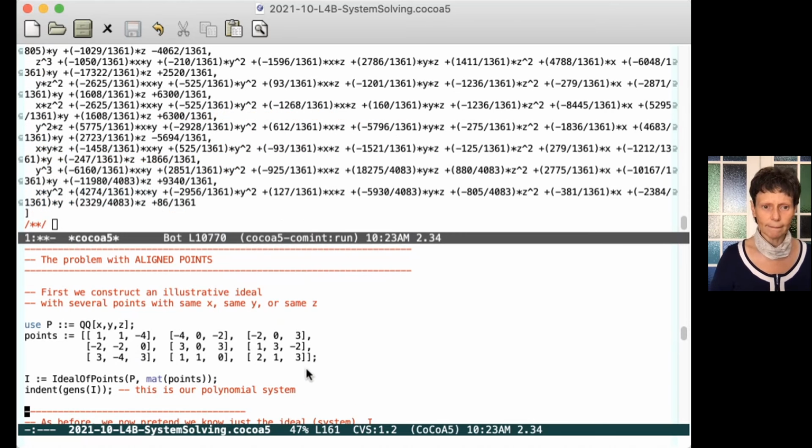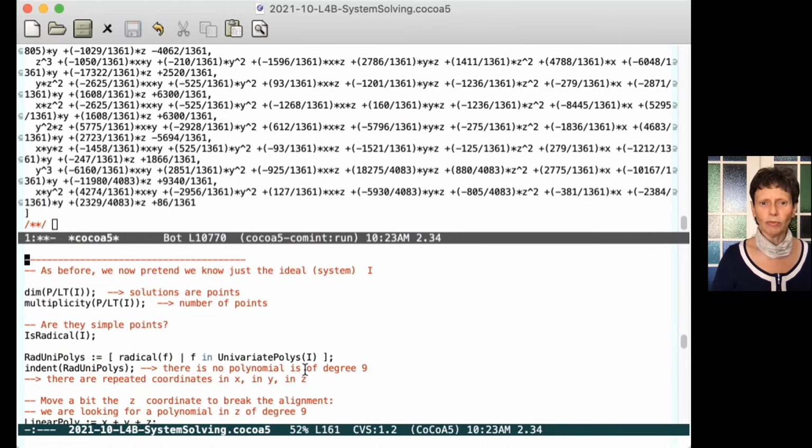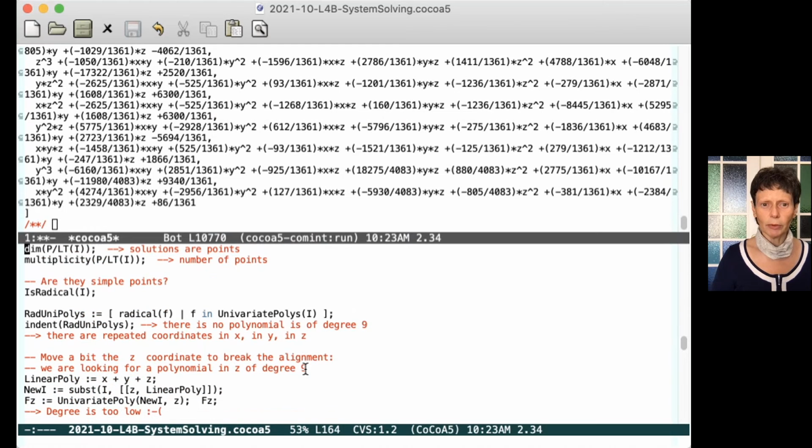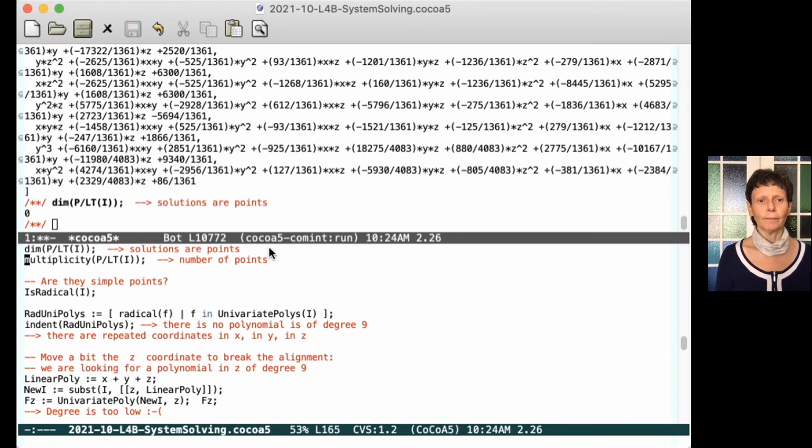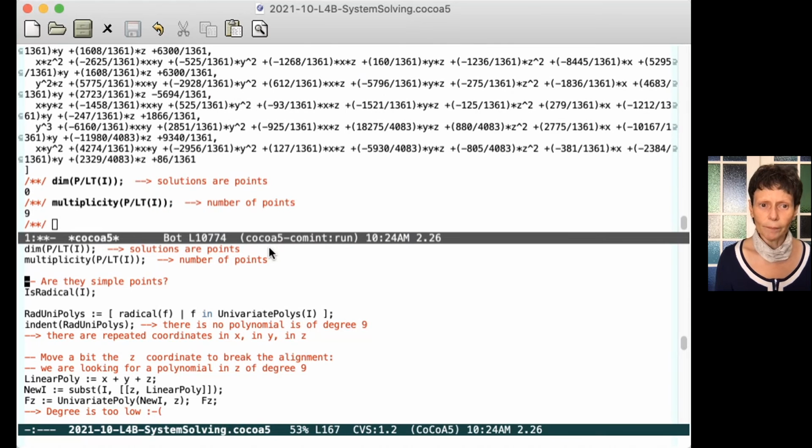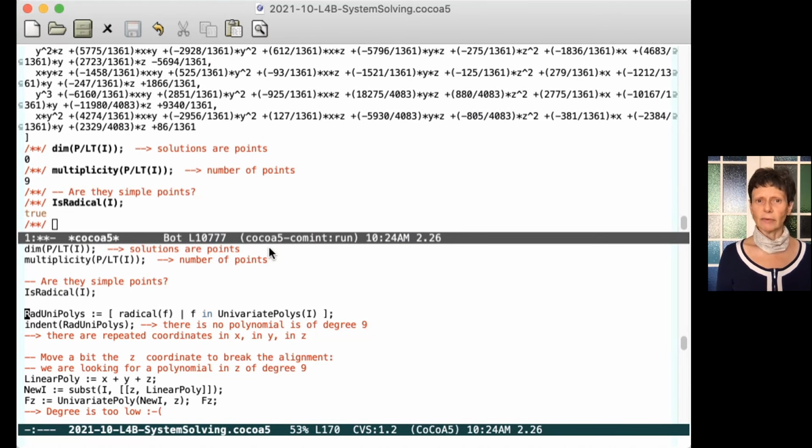This is the ideal. Again, we forget how we computed the ideal, and we start again. First question, is this a zero-dimensional ideal? Yes, it is. Very good. There are points. What's the multiplicity? What's the number of the points? The solutions? 9. Very good. Are there simple solutions, simple points? Yes, it is radical.